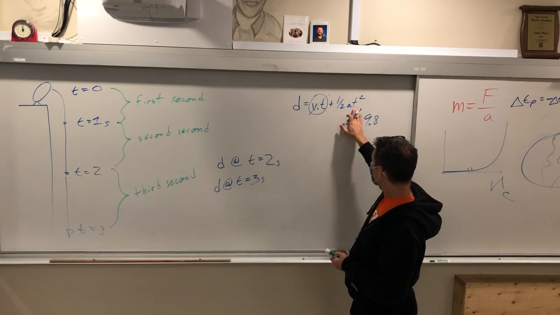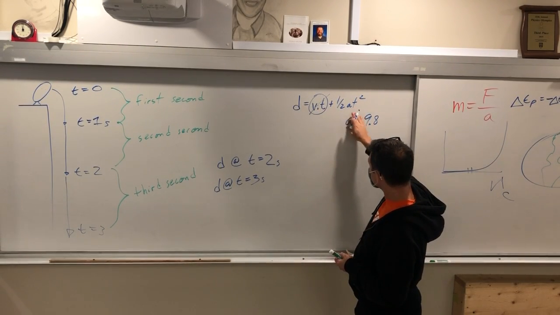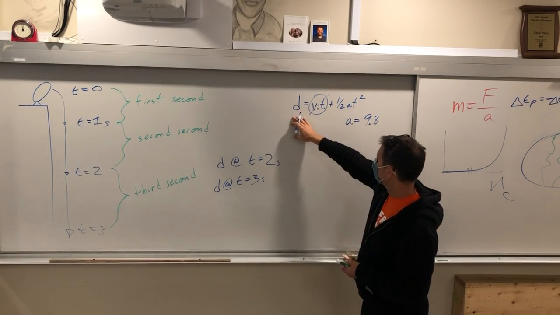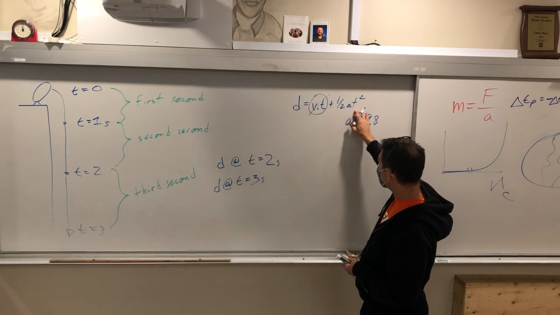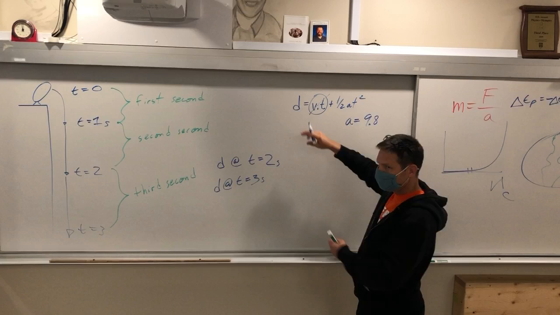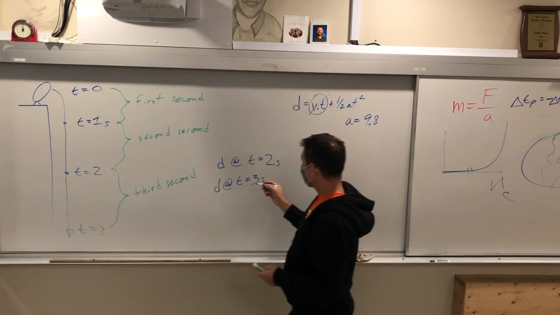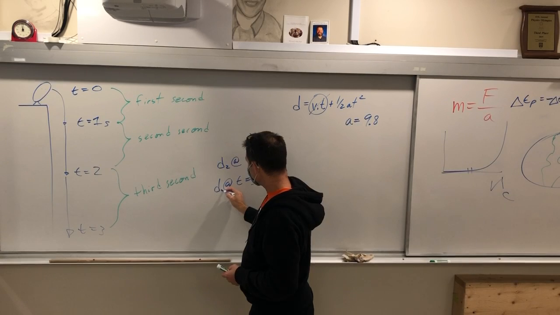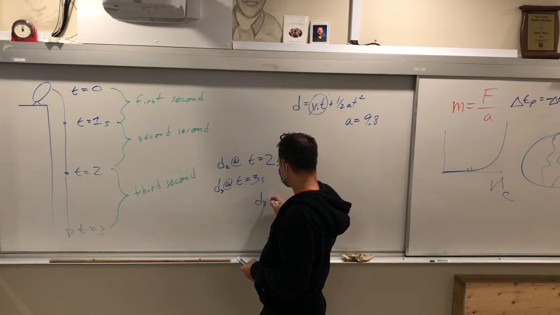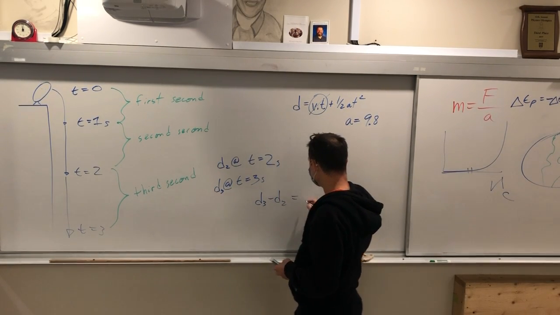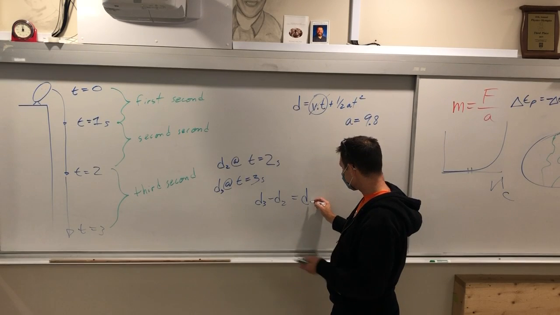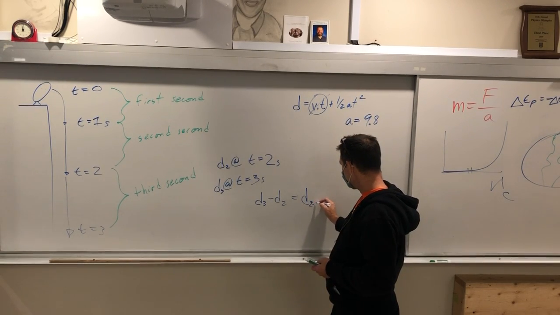So you want to punch in 2 here at 9.8, calculate your displacement, and then punch in 3 for t, calculate the displacement, and then subtract the answer from 2. So you could call this d2 and d3, and you're going to have d3 minus d2 equals d2 to 3, I guess you would call it.